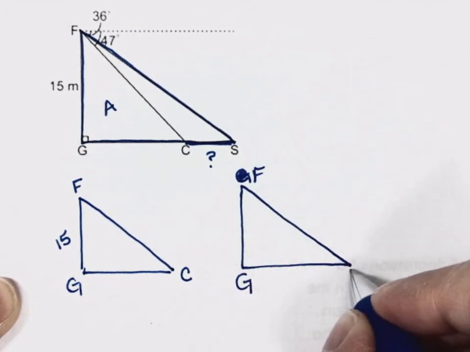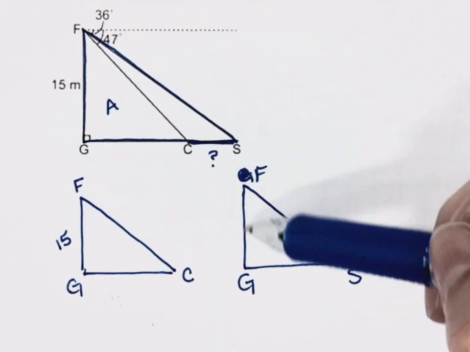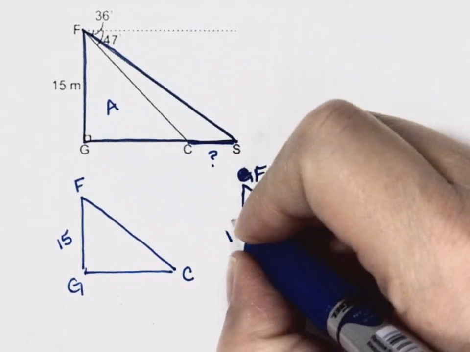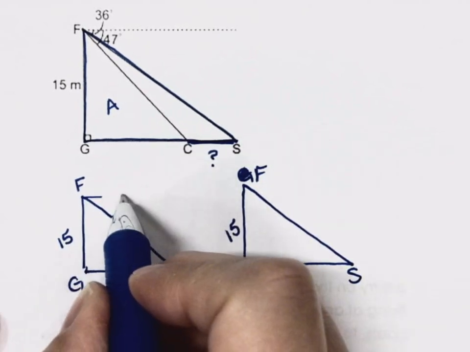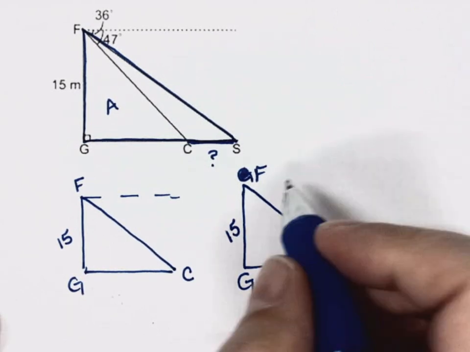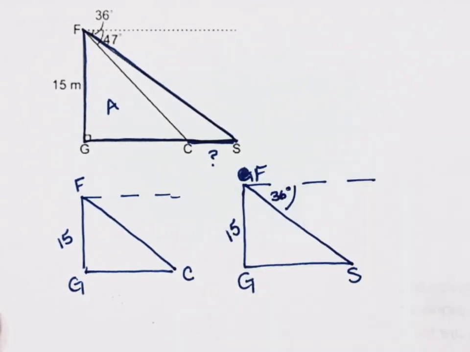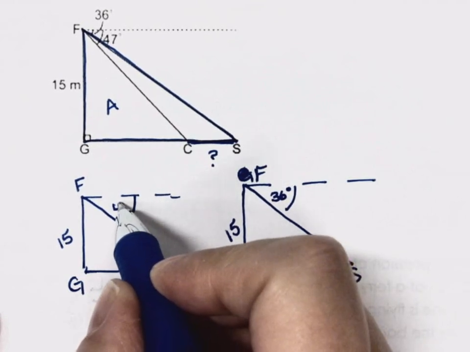Falcon to ground to squirrel. And what is the height of this side here? 15, right? It's a shared side. Okay, so this tells me that the angles of depression to the animals are 36 and 47. So 36 is to the squirrel, and 47 is to the chipmunk.